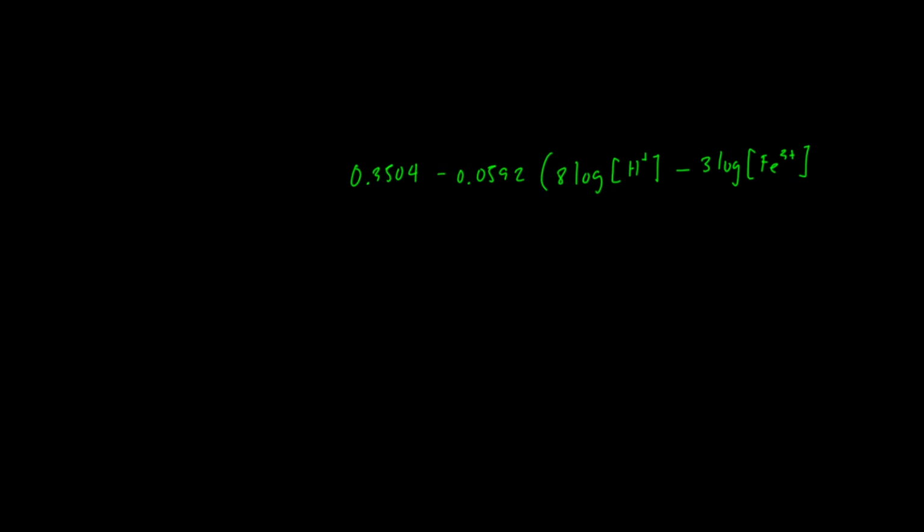Okay, so if we distribute 0.0592, we should get 0.3504 minus 0.4736 multiplied by log H plus. But we remember that pH is equal to negative log H plus, or negative pH is equal to log H plus.